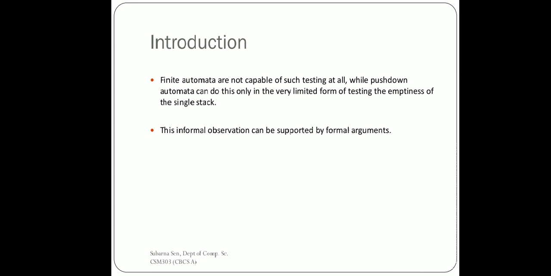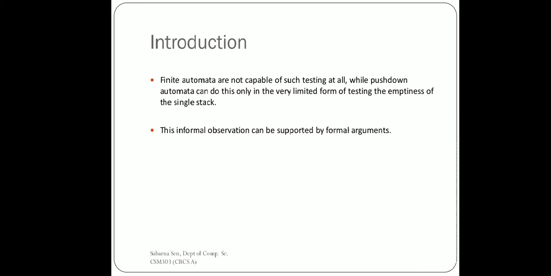Now, finite automata are not capable of such testing at all, while pushdown automata can do this in a very limited form, testing the emptiness of a single stack. We have proved how a PDA tests whether the stack is empty or not, right? So we have implemented a few things. Again, finite automata are not capable of testing anything. It has no such property, right? But pushdown automata have a limited property.